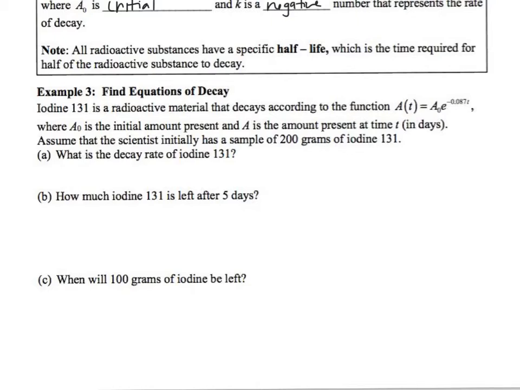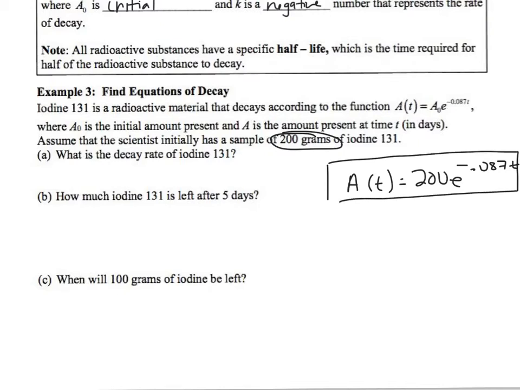So, in this case, what is our initial amount? It says it is 200 grams. Okay. So, right away, we know our formula. Since we know our initial amount is 200 grams, it's going to be 200 e to the negative 0.087 t. So, this is the formula I'm basically going to use for this whole problem.